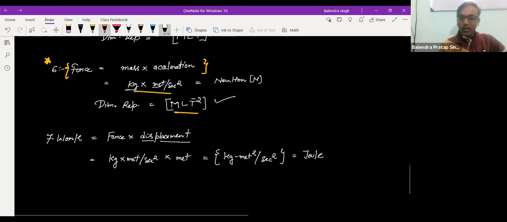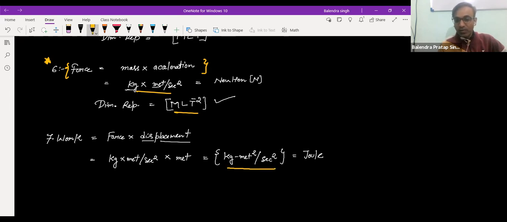So either you can write kilogram meter square per second square, or you can write joule. Joule is the SI unit of work, just as Newton is the SI unit for force. This is a very lengthy representation, so people represent it as a joule.